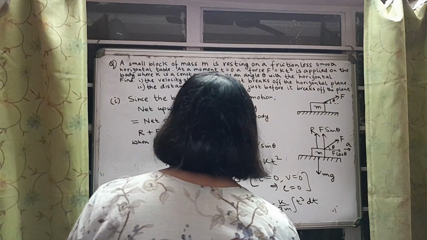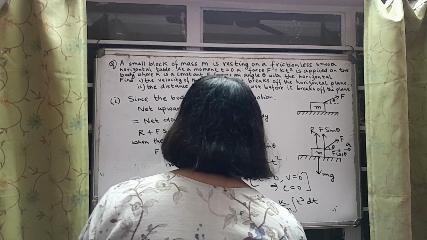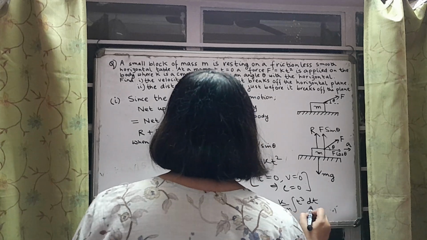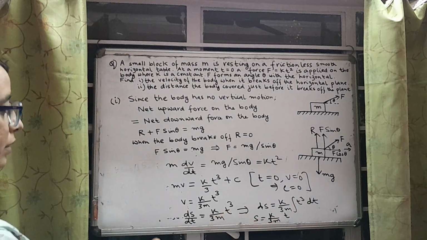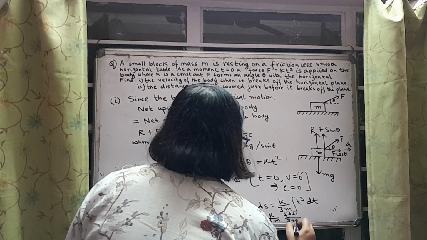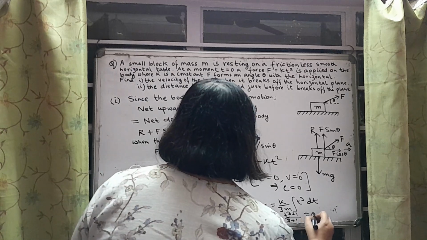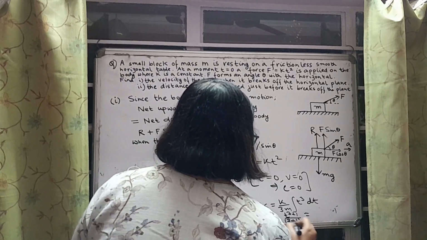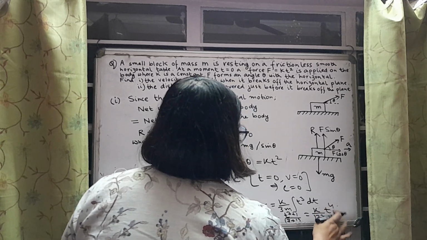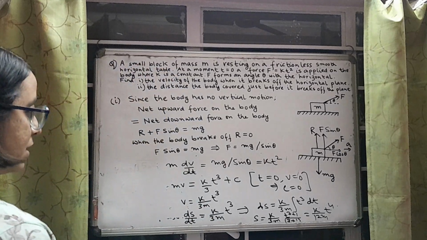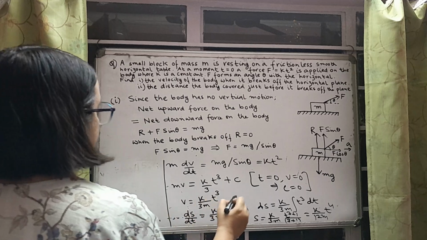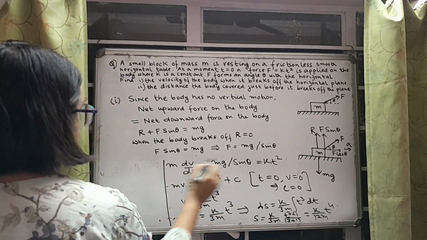So if I integrate, I get s equal to k by 3m, again applying integration of x to the power n dx is x to the power n plus 1 by n plus 1. So this becomes 4, and 3 into 4 is 12, so k by 12m t to the power 4. This is what I get to be the value of s.